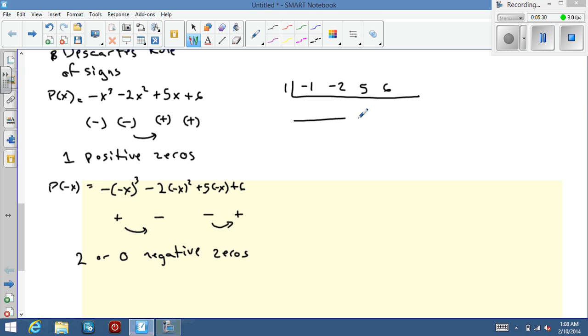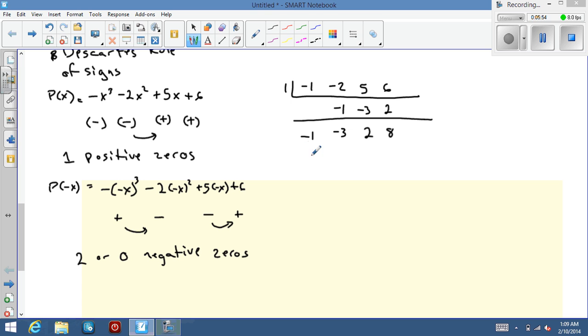So when I do my synthetic division, I bring down -1. 1 times -1 is -1. I add, going straight down, that's -3. 1 times -3 is -3. I add, I get 2. 1 times 2 is 2. I add, and I get 8.